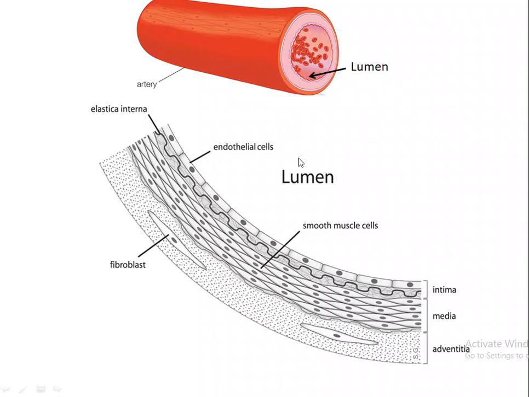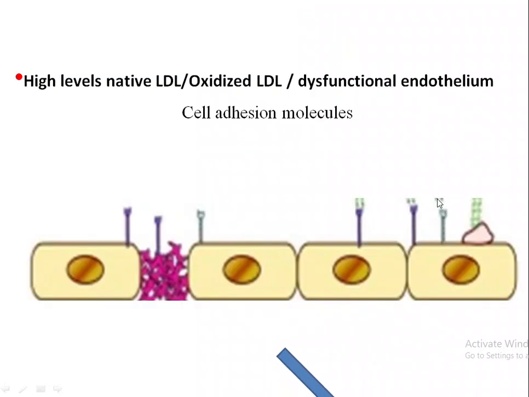Normally, blood flows through the vessels without anything being anchored to this endothelium. But when there is oxidative stress or increased generation of reactive oxygen species, it causes the oxidation of low density lipoprotein, and it can also cause damage to endothelium.